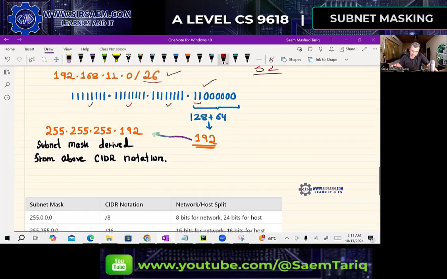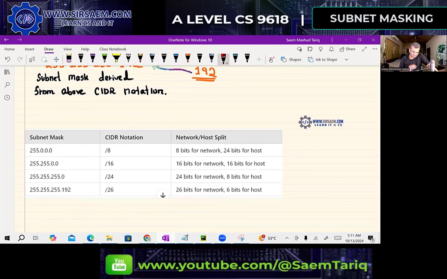In the subnet mask for class A, I have 8 bits for the network and 24 bits for the host. In class B, we have 16 bits for the network and 16 bits for the host. If I have 1, 1, 1, 1, 1, 1, 1, 1, this equals 255 if you put it into a conversion grid.